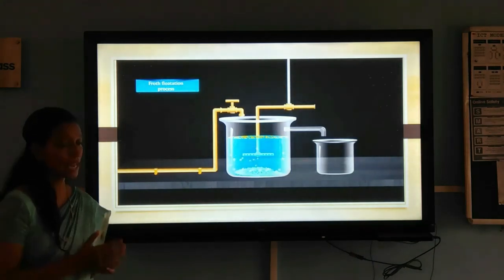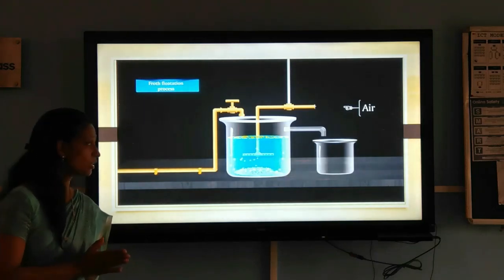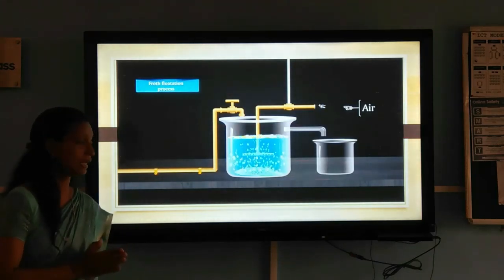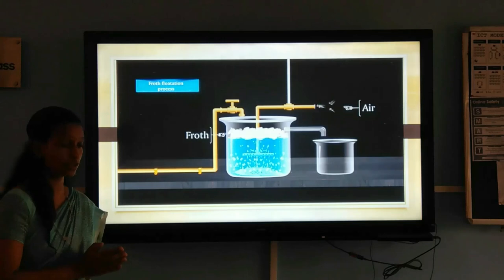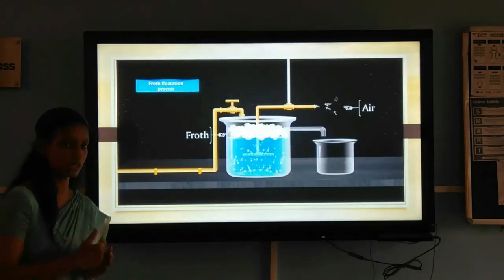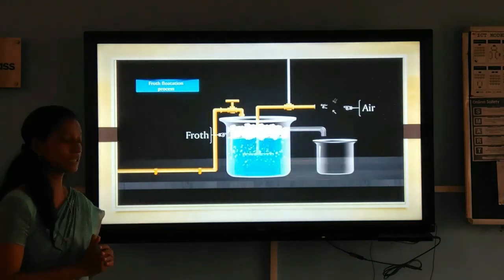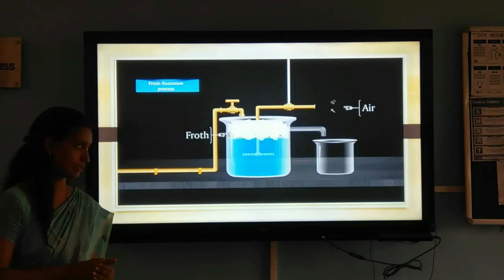The whole mixture is then agitated with the help of a paddle. The ore, which is more wetted by the oil, gets collected along with the froth that is formed at the top. The gangue particles, being wetted by water, get collected at the bottom. Later the froth is taken away and the ore particles are separated.